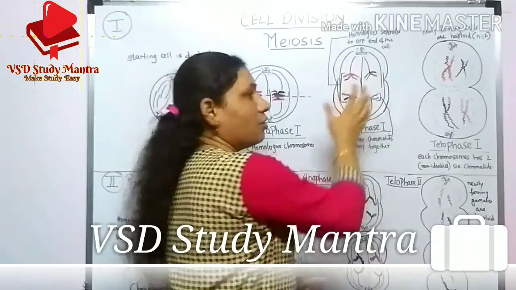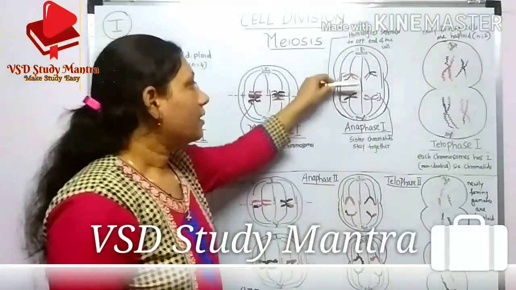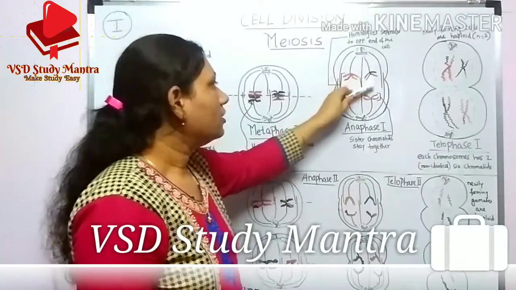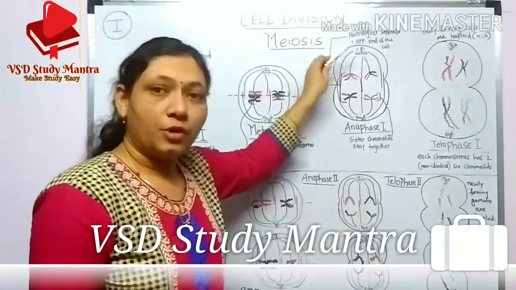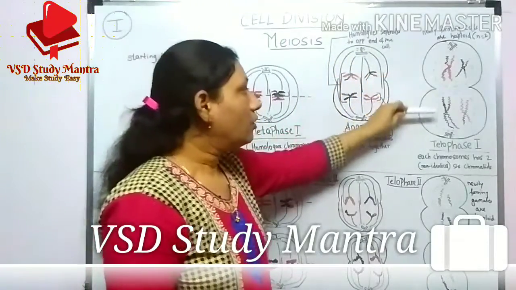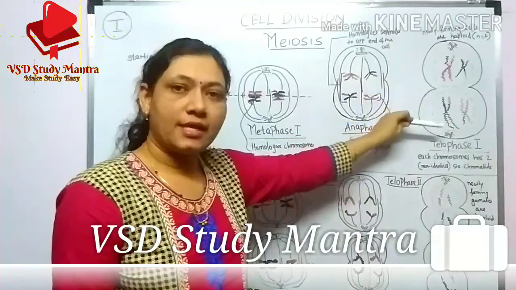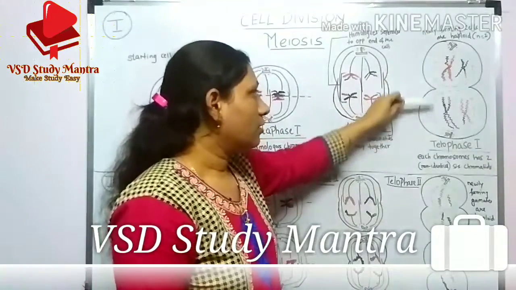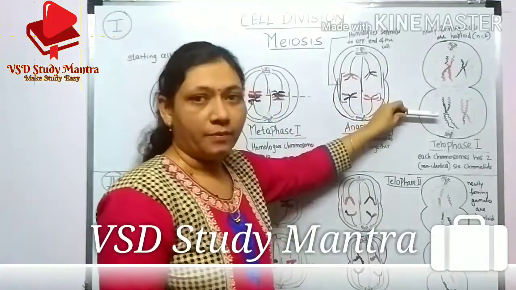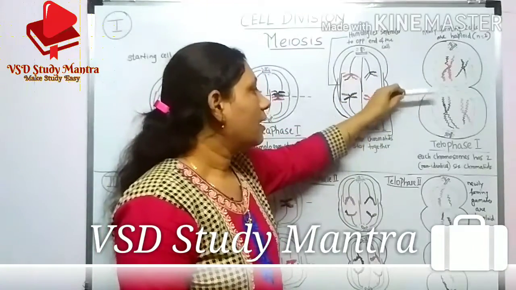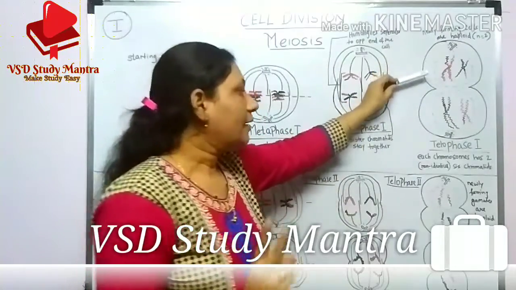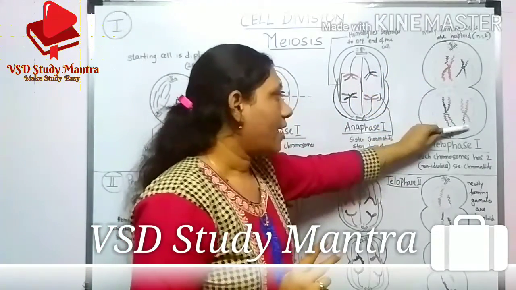In telophase, the chromosomes at the ends get a nuclear membrane formed around them, and two different cells are produced, which are haploid, because each chromosome has two non-identical sister chromatids.